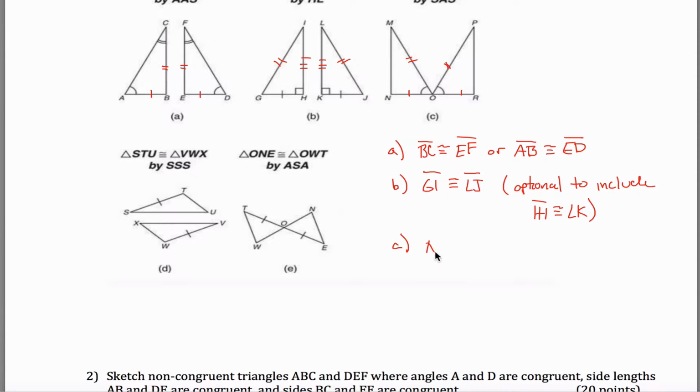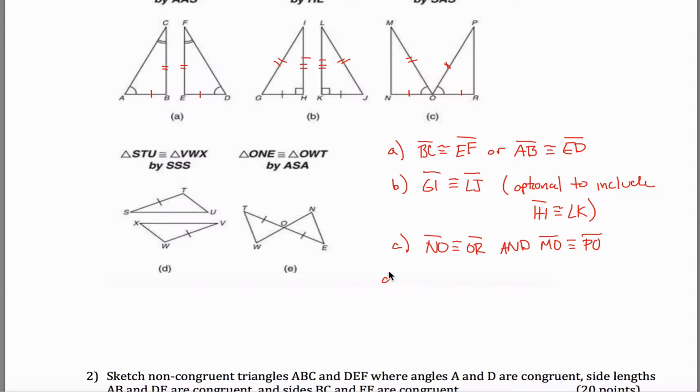I need NO to be congruent to OR. The order that you write those vertices is not important. And I need MO to be congruent to PO, or OP. I don't know what order you wrote those in. Fine. That's what I need for C in order to get side, angle, side.